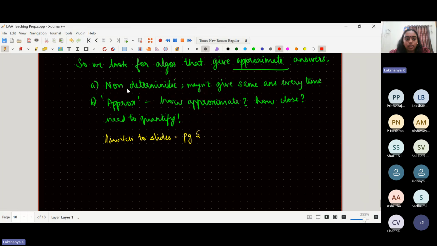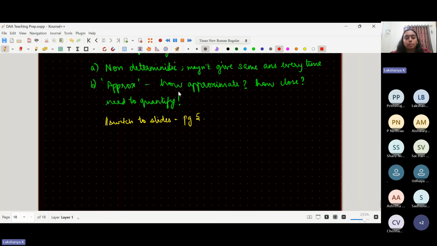Two things about such algorithms. One, they are non-deterministic. Whenever we talk about approximation, it is by default non-deterministic, meaning it might not give you the same answer every time. There will be a small plus or minus, not very far off the mark, but small deviations will be there. Secondly, when you say this is approximate, how close is it?